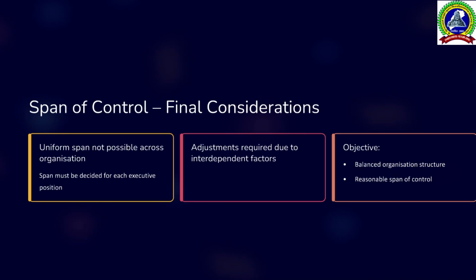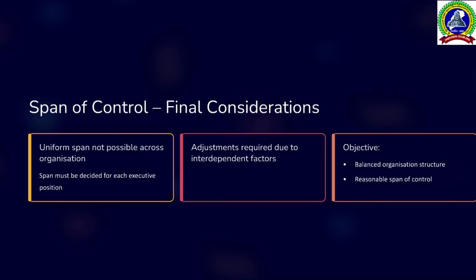Changes in technology, communication system, employees' competence, organizational culture, or management style directly affect the number of subordinates a manager can effectively supervise. A change in one factor automatically alters the impact of others, making span of control a dynamic, not static concept.